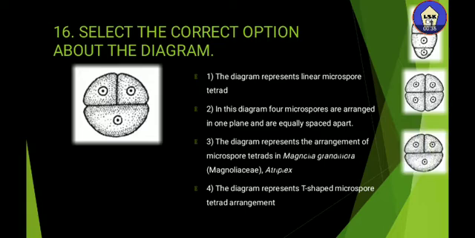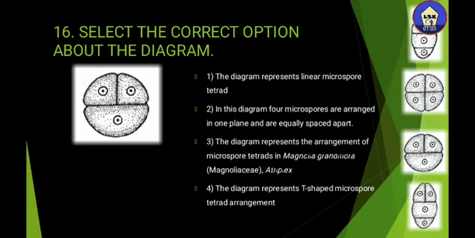Now option 3. The diagram represents the arrangement of microspore tetrads in Magnolia grandiflora and Atriplex. So the third diagram is correct. The same diagram is given in the question. So the answer should be option 3. But before that, let us move to option 4. Option 4 says the diagram represents T-shaped microspore tetrad arrangement.